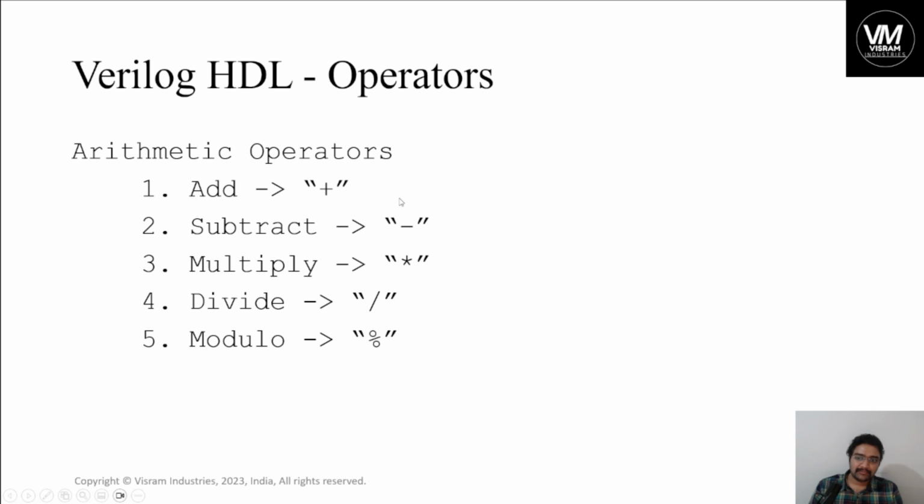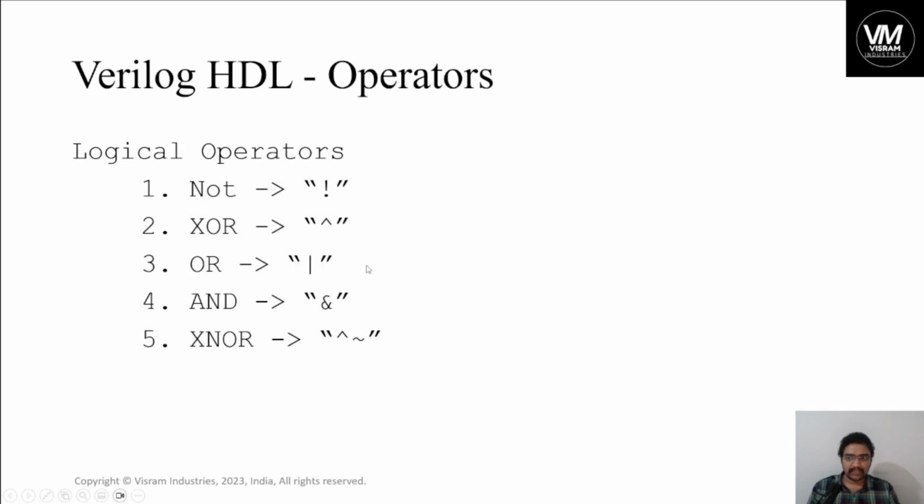We have used them in specific things. In the procedural blocks, we will be using all these symbols in the Verilog HDL script. So understand where we use these operators. These are not outside topics. These are the essential elements of writing Verilog HDL script.